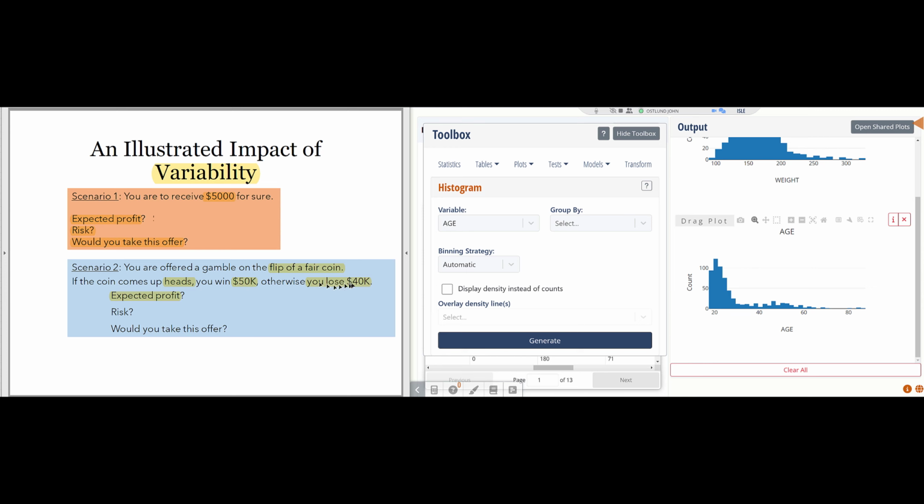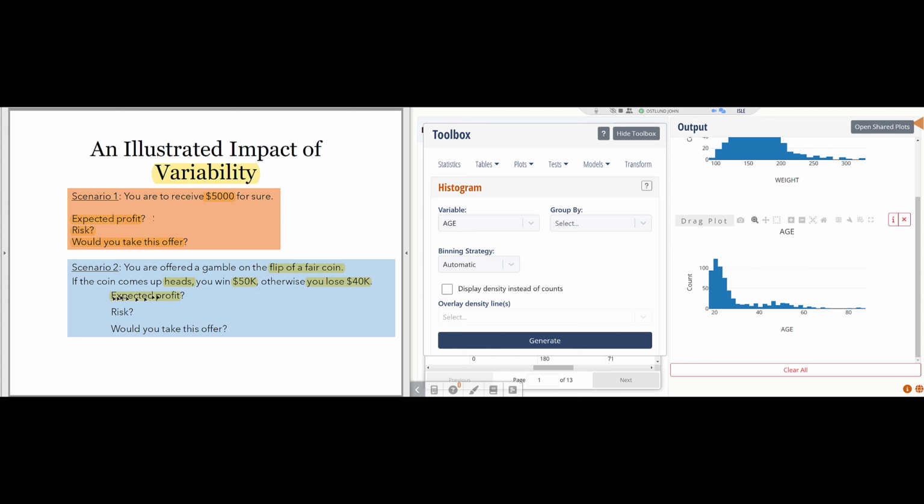So the expected value here is going to be 50,000 minus 40,000 divided by 2, because there are two possible outcomes. 50,000 minus 40,000 is 10,000, and then divided by 2, because there are two equally likely outcomes, is $5,000.